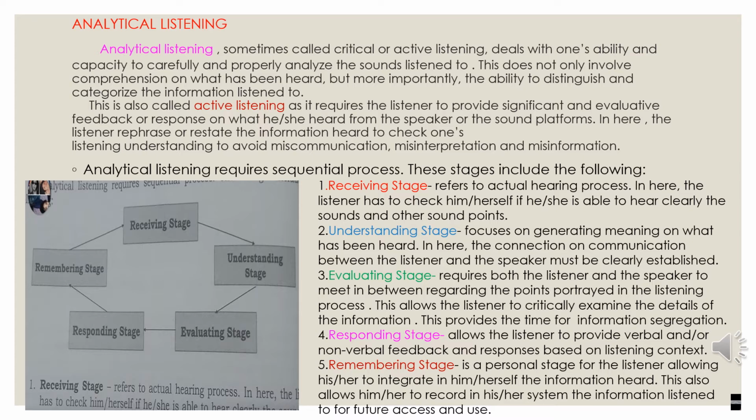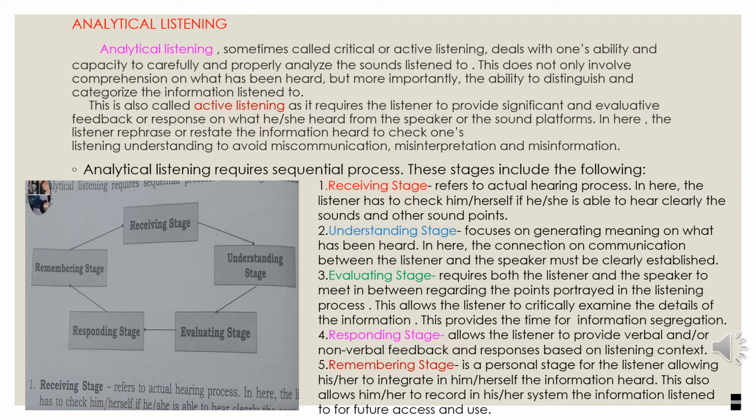The third one is the evaluating stage. This requires both the listener and the speaker to meet in between regarding the points portrayed in the listening process. This allows the listener to critically examine the details of the information heard.